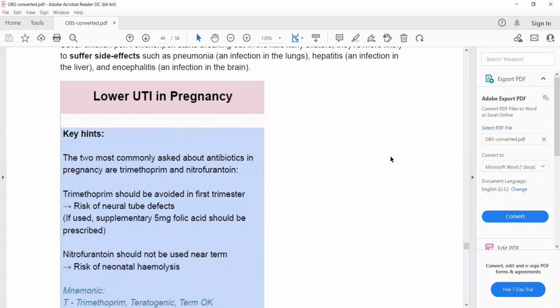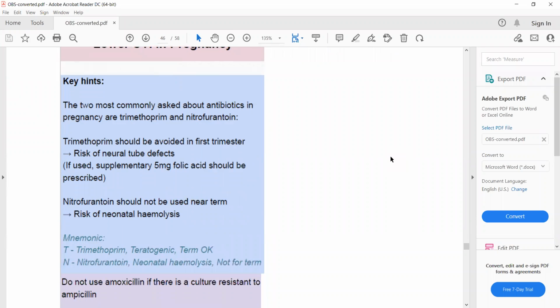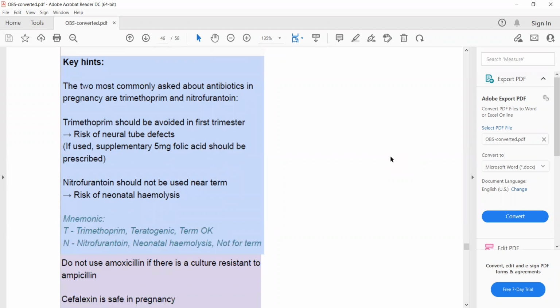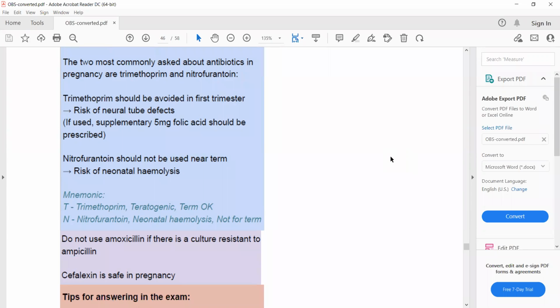Next topic is urinary tract infection in pregnancy. The two most commonly asked about antibiotics in pregnancy are trimethoprim and nitrofurantoin. Both of them can be used for the treatment of UTIs in pregnancy.